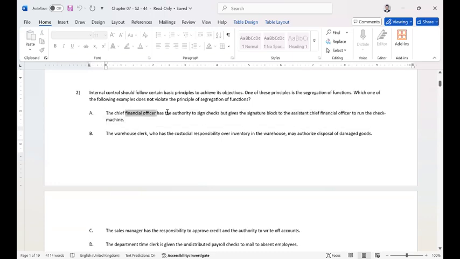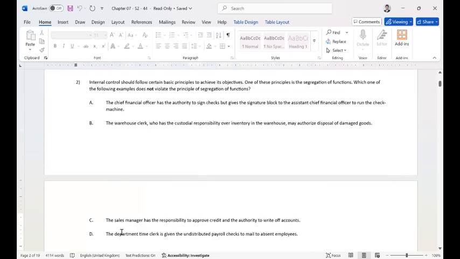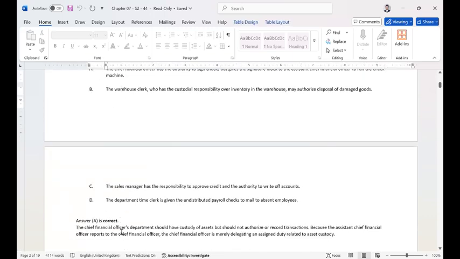CFO has signatory powers, but he's giving his digital signature or whatever to somebody else. The warehouse clerk who has the custodial responsibility in the warehouse may authorize disposal of damaged goods. Yeah, so that is also a custodial issue. Can't be the custodian and authorize disposals. The sales manager has the responsibility to approve credit and authority to write off accounts. That's a problem. It has to be D. Ooh, answer is A.